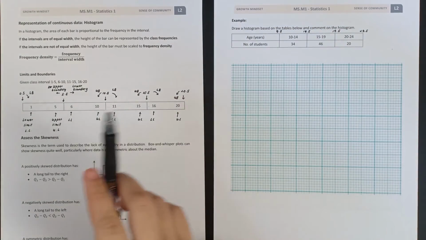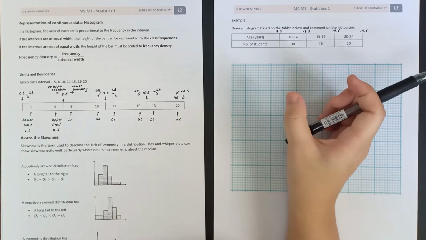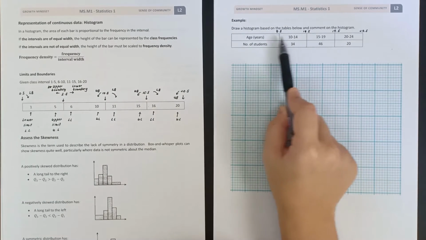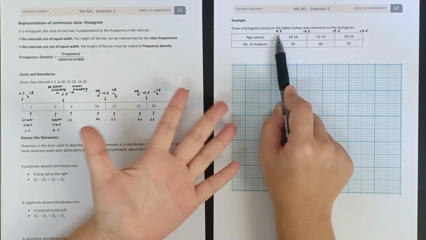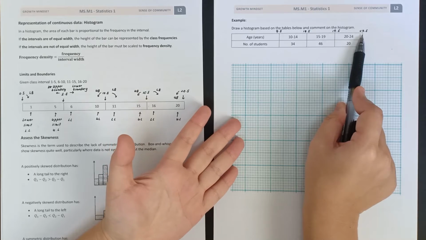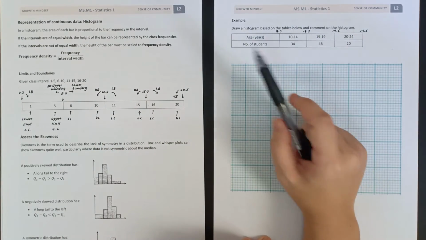Okay, so we need to find out the width, or the interval size, first. You can realize when you use 14.5 minus 9.5, you get 5. 19.5 minus 14.5, you get 5 also. 24.5 minus 19.5, you get 5 also. So all the sizes here are the same.